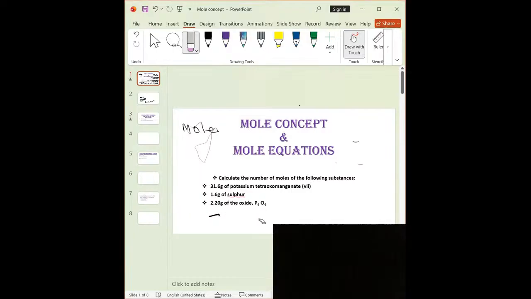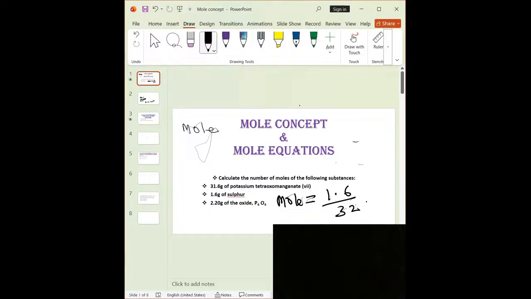What's the second question? We have 1.6 grams of sulfur. Sulfur is an element with mass number 32. The mass number of sulfur is 32. Just apply mole equal to mass, which is 1.6 over 32, because the mass number of sulfur is 32.